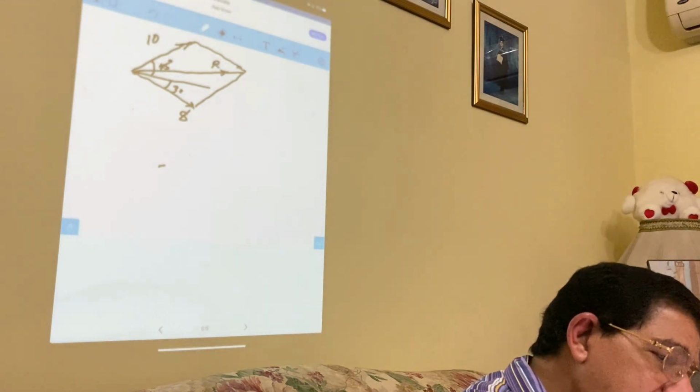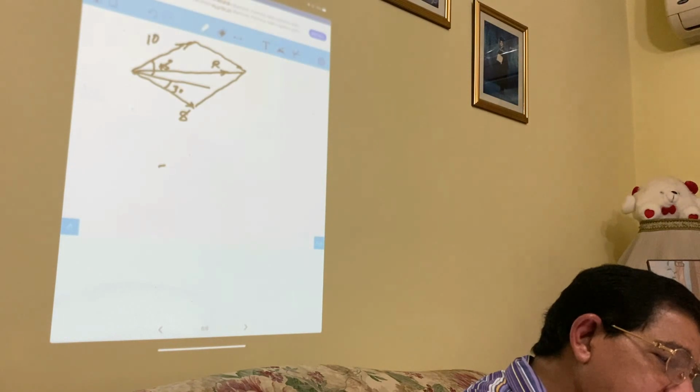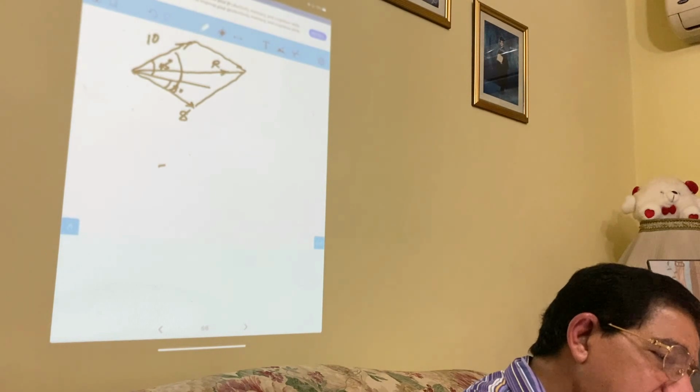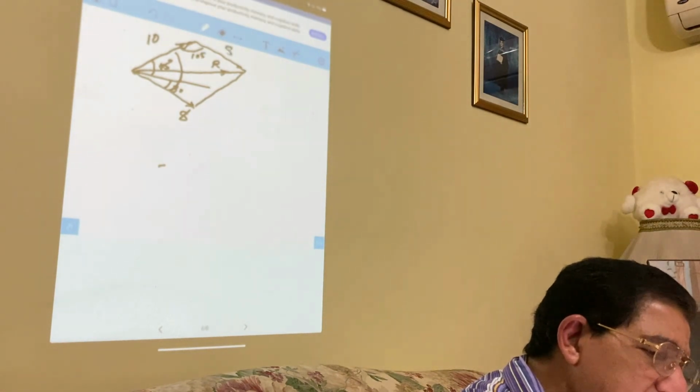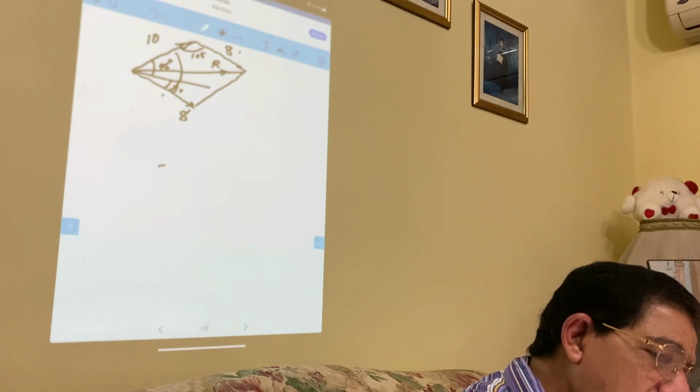We know that this angle is 75. Therefore, this angle is 105. And this is 8 because this is the same. Using the cosine rule, we can say R square equals 10 square plus 8 square minus 2 times 8 times 10 cosine 105.